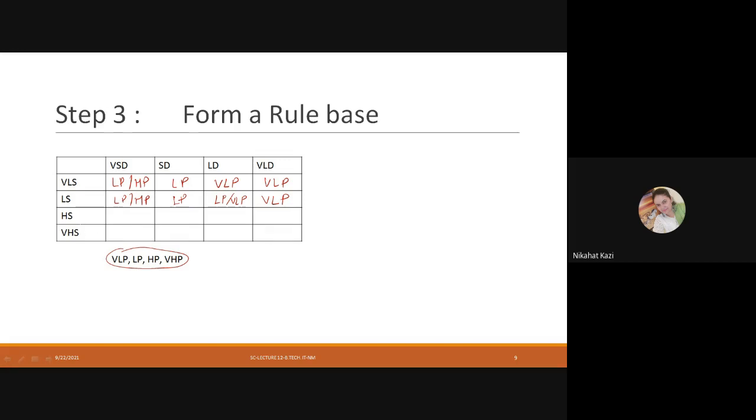Next, clear? Yes. Next is high speed and very short distance. High power or very high power. Okay. High speed and short distance. Speed is increased. Distance is also, yeah. High power.